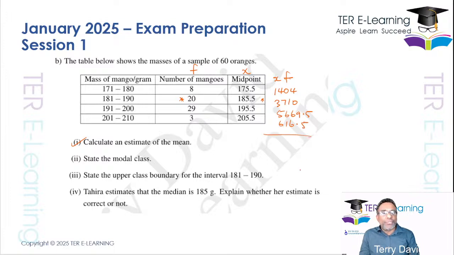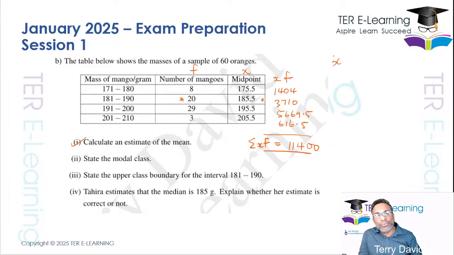Now what we need to do is add this up. This addition here is what we call sigma xf. So that's 5669.5 plus 3710 and so on. I'm getting 11,400. Now the first part of the question says to estimate the mean.